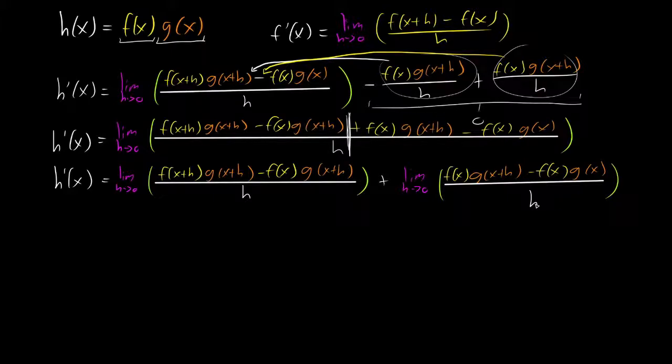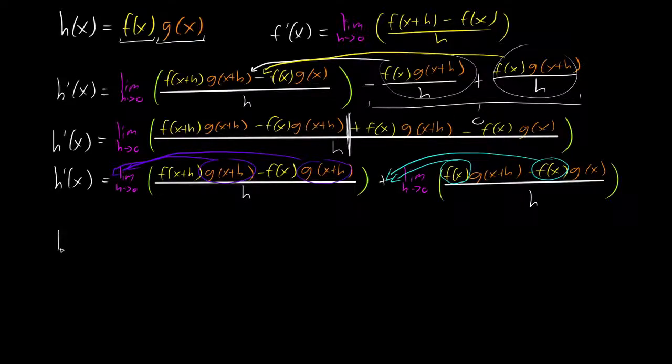Okay. So now we have to observe both of these separately, but there's a key observation you can make right here. Both of these terms have a g of x plus h, so you can factor that out in front. Over here, both these terms have an f of x, so you can factor this out in front.